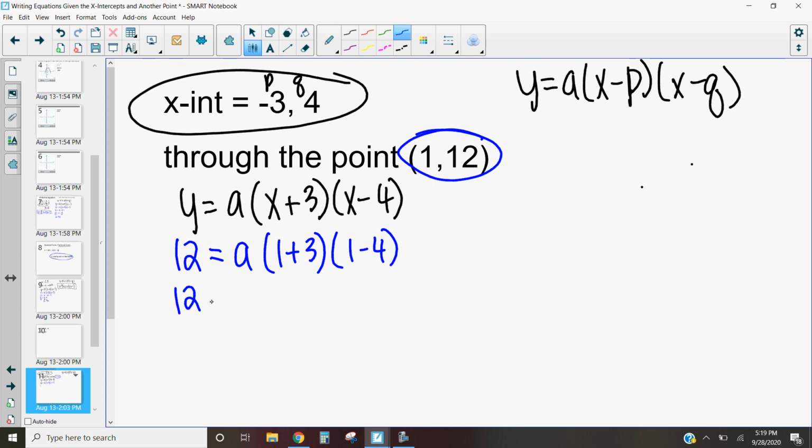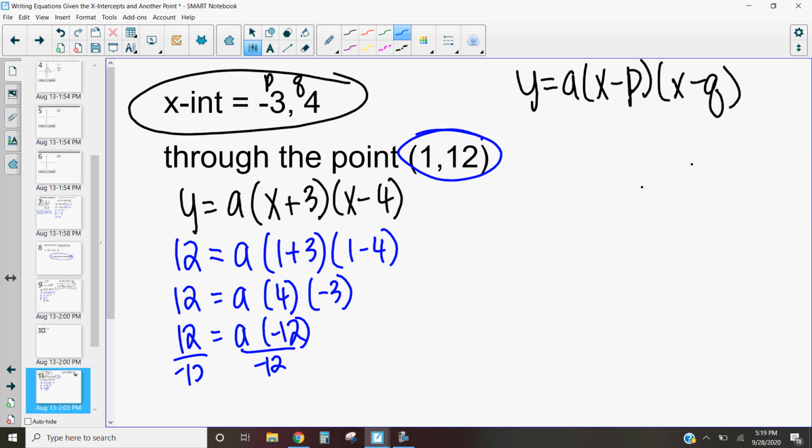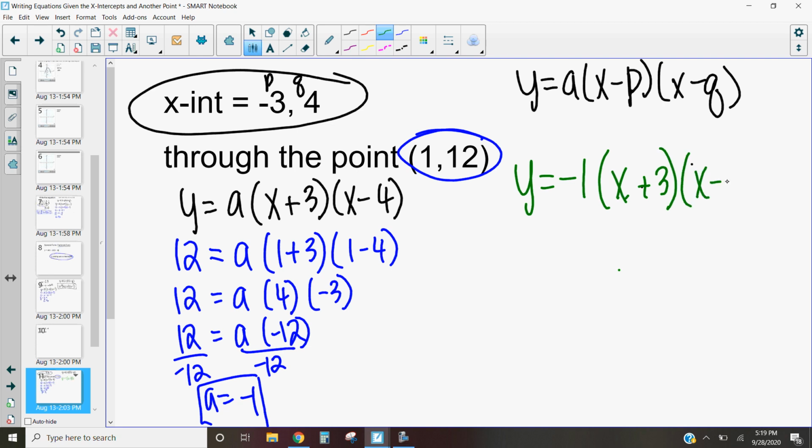So let's simplify this. 12 equals a times 4 times negative 3. 12 equals a times negative 12. Let's divide by negative 12 on both sides, and a equals negative 1. So then when we're writing this in that equation, we take our negative 1 times (x plus 3) and (x minus 4). And that is how we're going to get that.